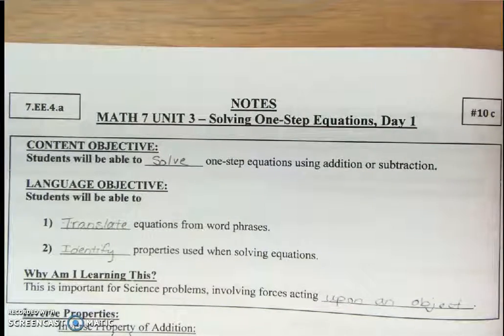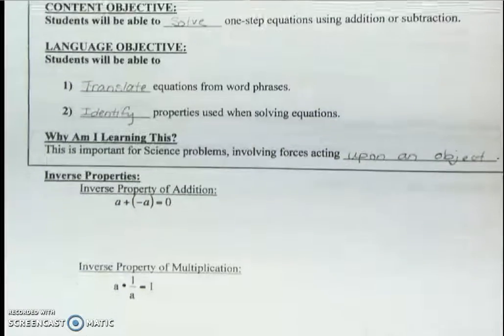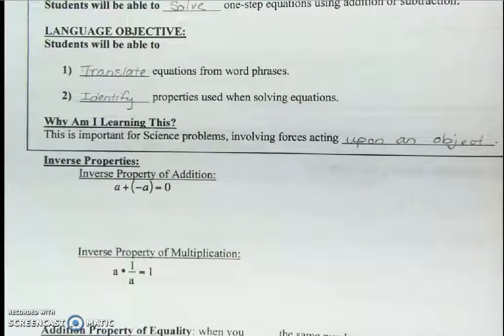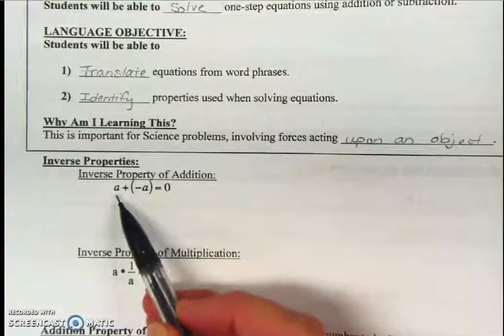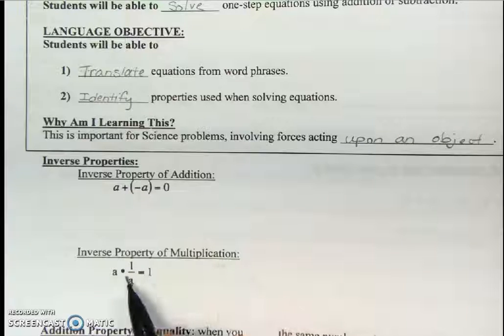All right, again, we see a lot of the stuff we just wrote down in our interactive notebook. Inverse property of addition, inverse property of multiplication. So basically, if we add, then we can add in the opposite and it'll equal 0. The inverse property of multiplication, if we start by multiplying, then dividing by that same thing will equal 1.